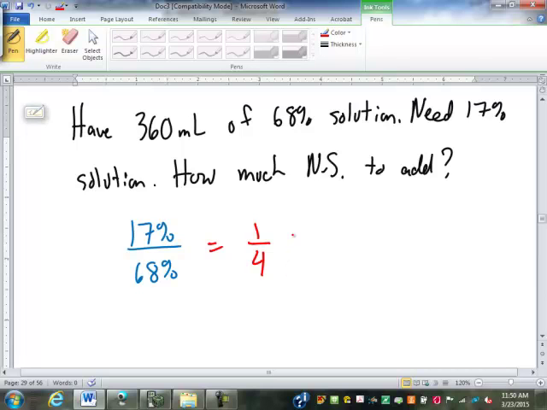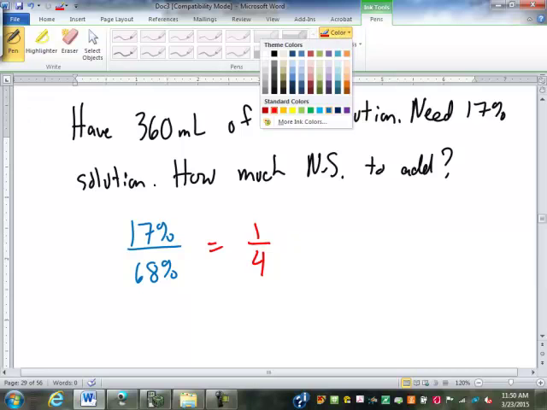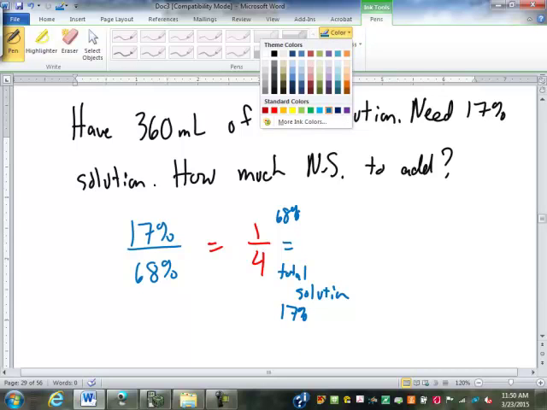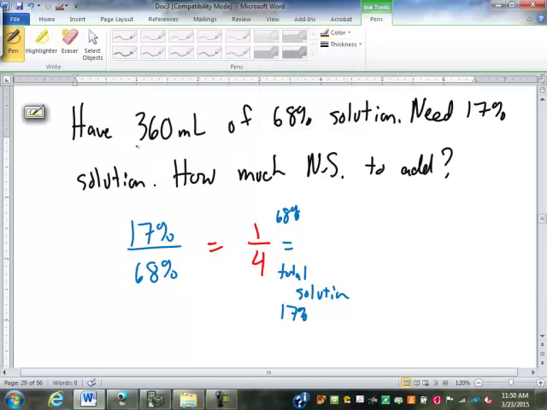Now that we know that our dilution is going to be a 1 in 4, we can adjust that. Remember, the 1 is going to be the concentrate, or in this case, the 68% solution. The 4 is going to be the total solution, or total volume, of the 17%. Well, we don't want to know how much total solution we have.